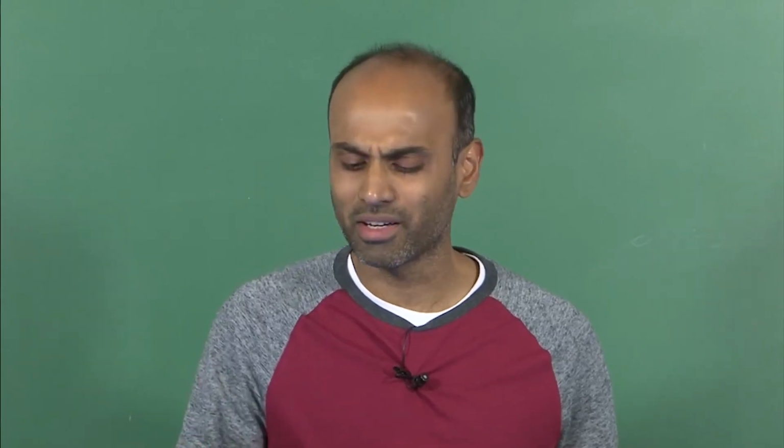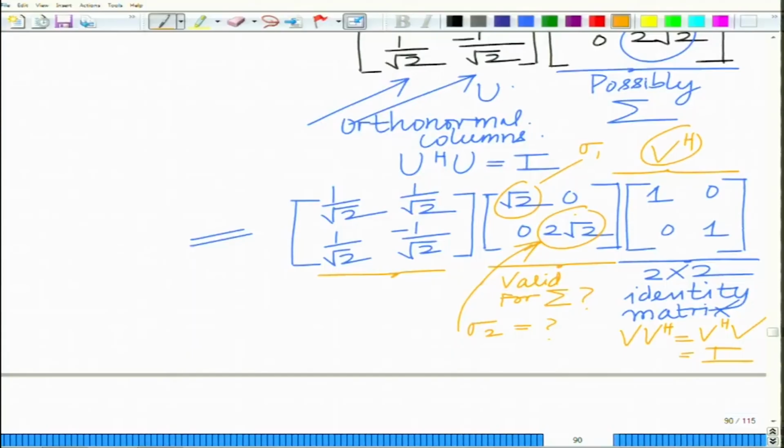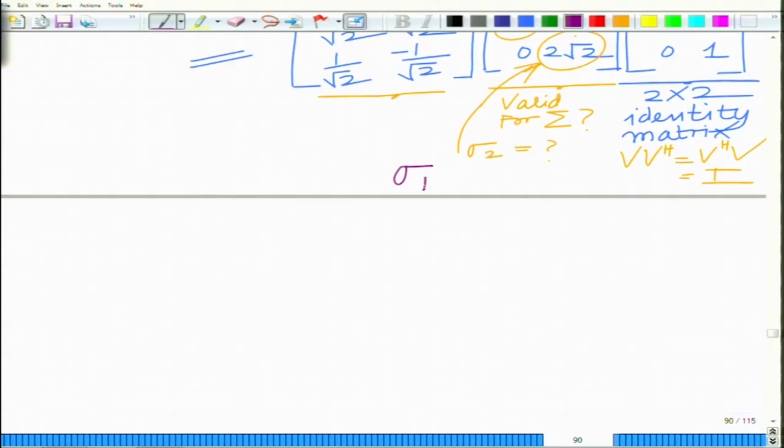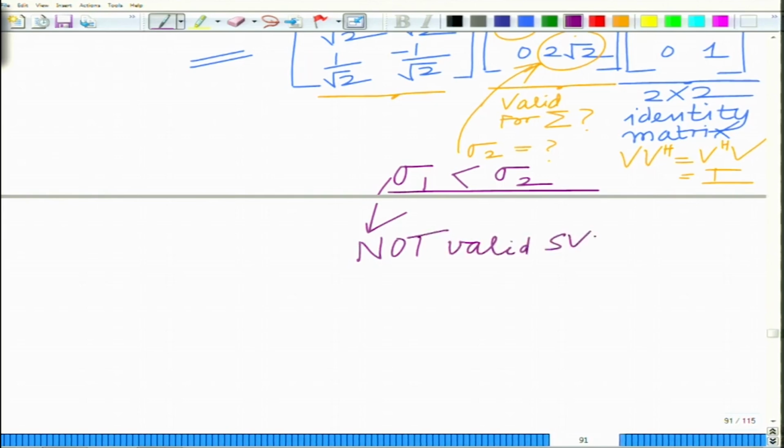Now, the problem with this matrix is that sigma 1 equals square root of 2 and sigma 2 equals 2 square root of 2, so sigma 1 is less than sigma 2, and therefore this is not a valid SVD.